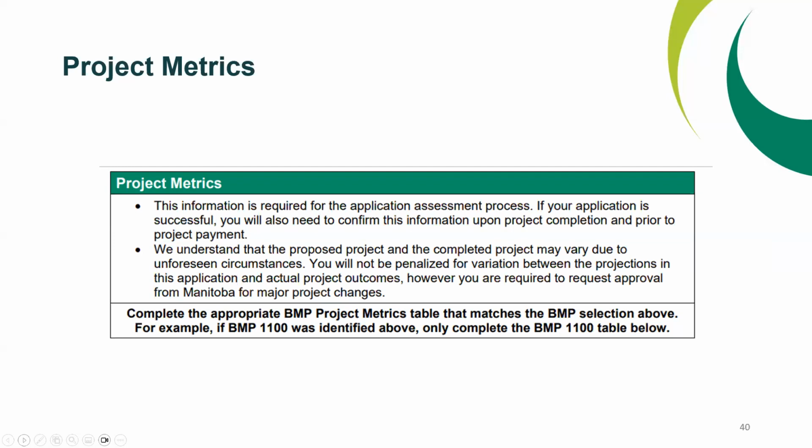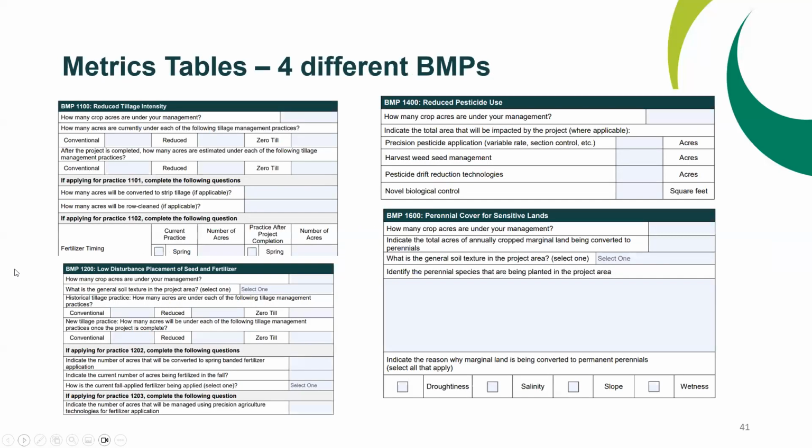So following this, you'll see metrics tables for the 4 different BMPs under cropland management. So BMP 1100, reduced tillage intensity, BMP 1200, low disturbance placement of seed and fertilizer, 1400, reduced pesticide use, and 1600, perennial cover for sensitive lands.